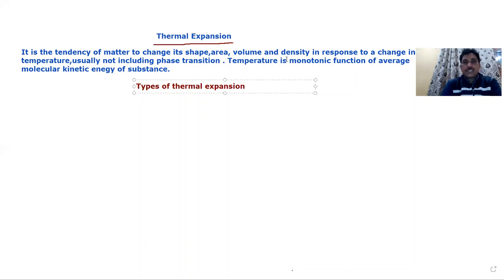If we increase the temperature, it will increase, but if we decrease the temperature, it will change. It will increase or decrease. So we can say thermal expansion is the tendency of matter by which we observe that if the temperature changes, the shape, area, volume and density of the substance will be changed, increased or decreased.